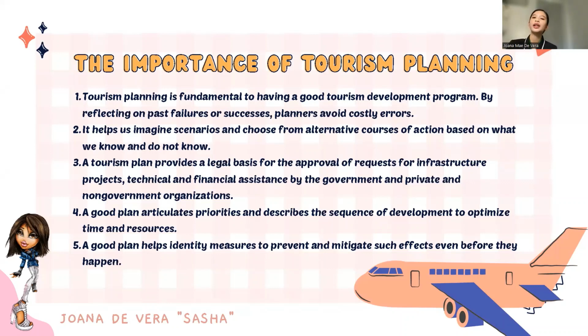Just like, for example, if there was a failure in the plan you made, by having a tourism plan it is easier to know which part fell short, or which part of your plan was the reason for the success of your project. So in making a plan, errors are more easily avoided because every step or every process is already planned. Next, it helps us imagine scenarios and choose from alternative courses of action based on what we know and do not know.